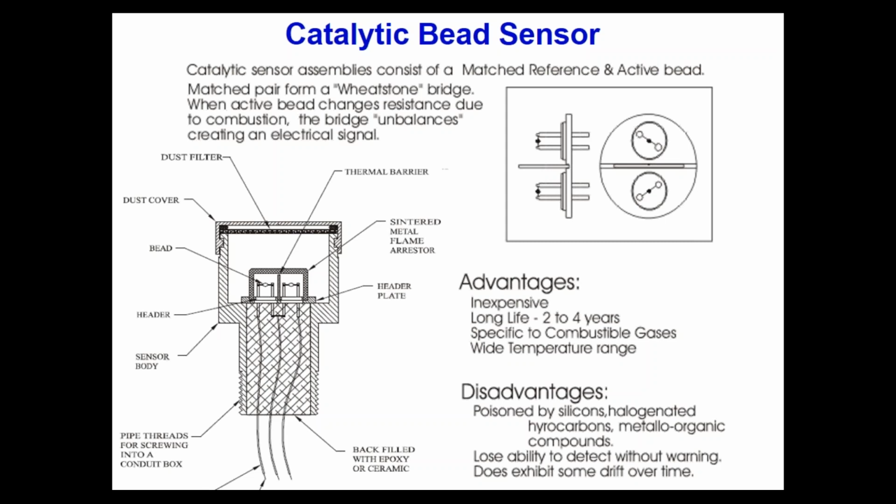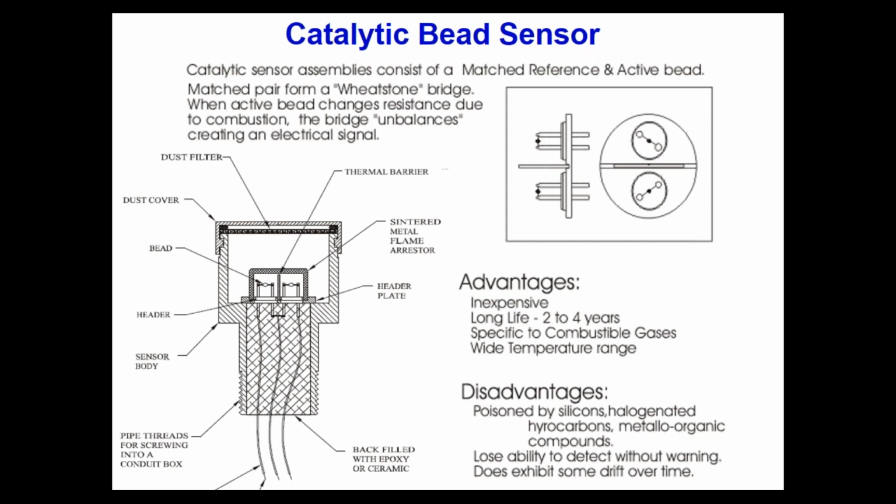The big disadvantage of catalytic beads, and this is why infrared became so popular, is that catalytic beads get poisoned pretty easily with things such as halogenated hydrocarbons and silicones. Also metal organic compounds such as lead, but you don't normally see that anymore.